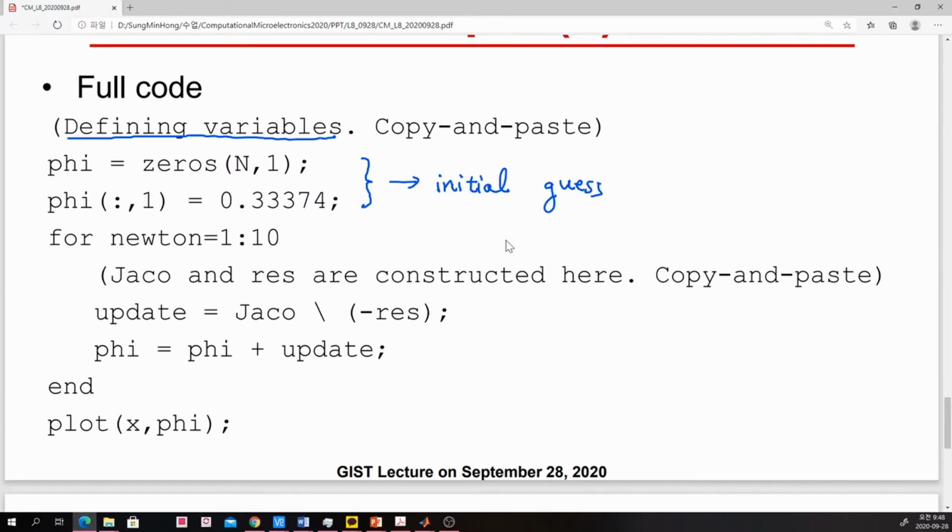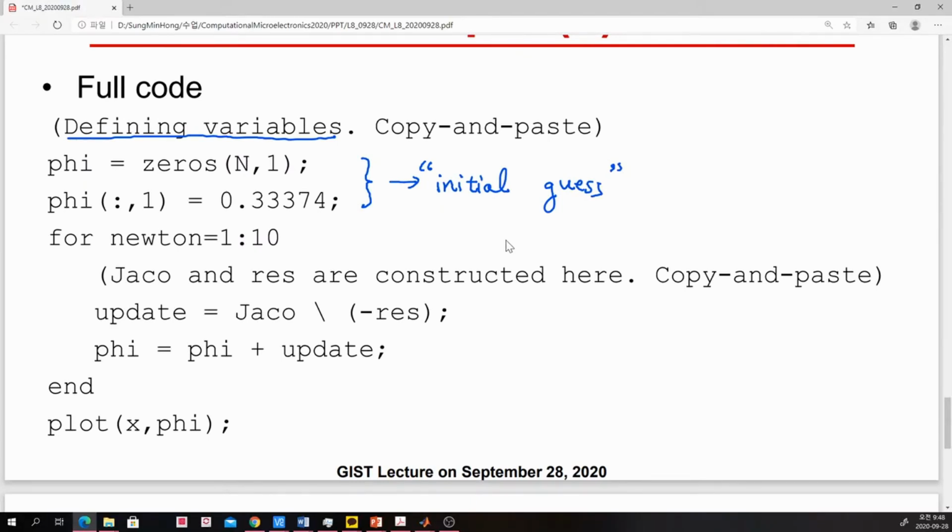So, is this good enough or not? Actually, this is not the best one, but for simplicity, we just use a constant initial potential over the system. If this really works, then everybody will be happy, and if it does not work, then we have to find a better way to set the initial potential.